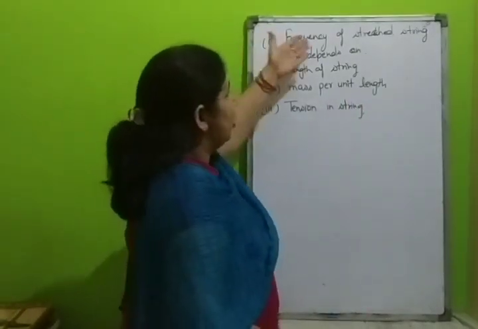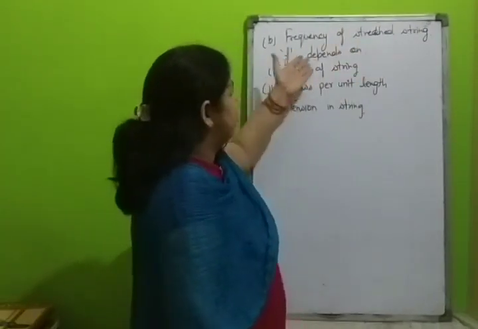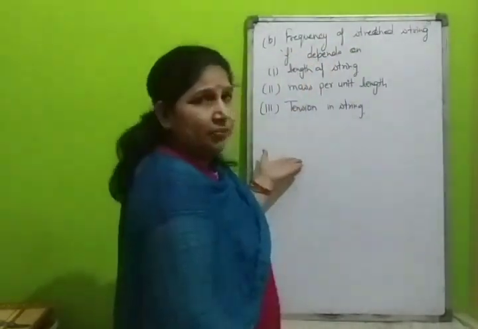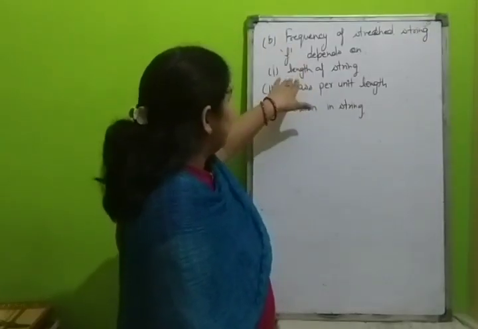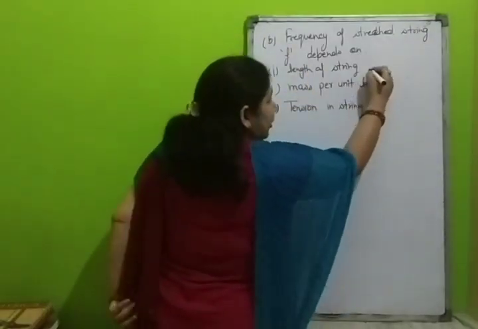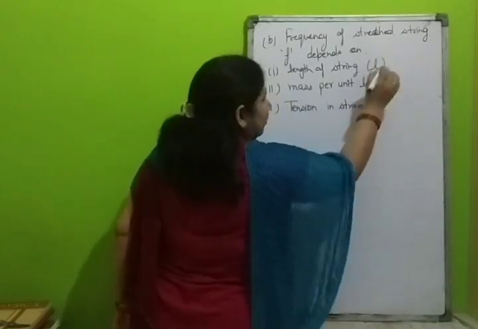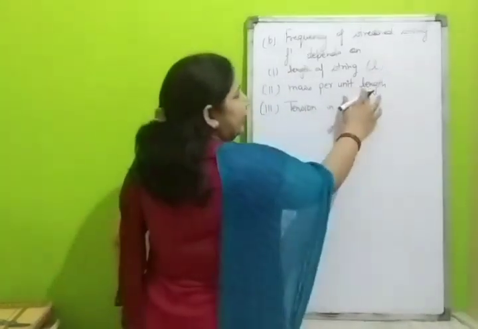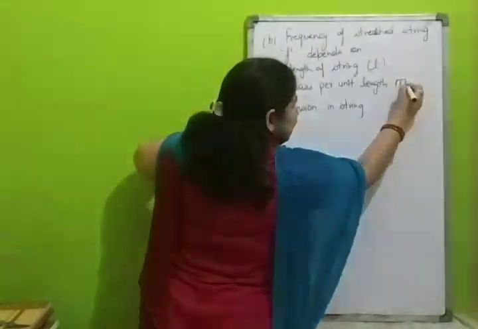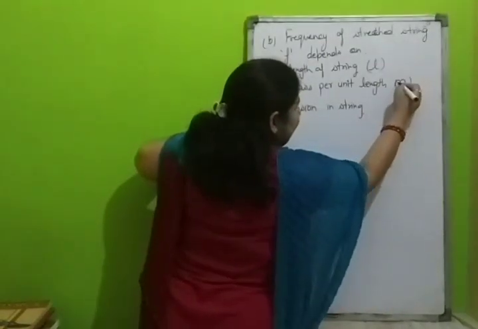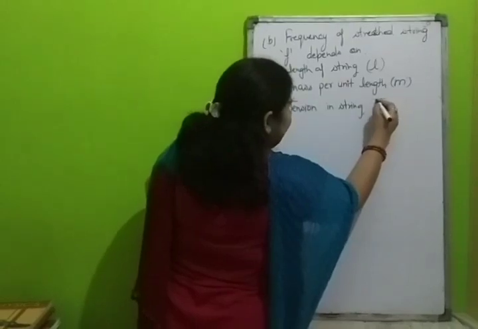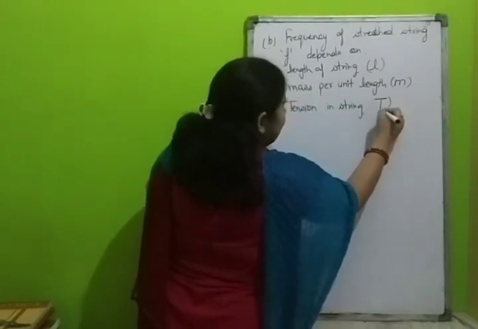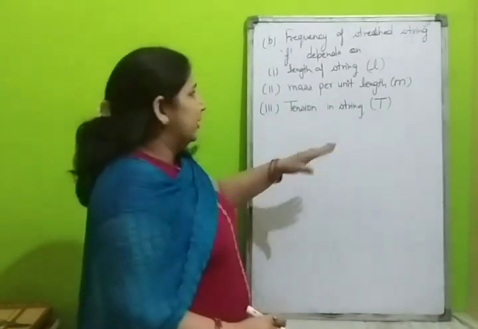Suppose the frequency of the stretched string f depends upon these three terms. Then what is the relation for f? Length of string we will denote by L. Mass per unit length, suppose I have considered it as m, and tension in the string by capital T.